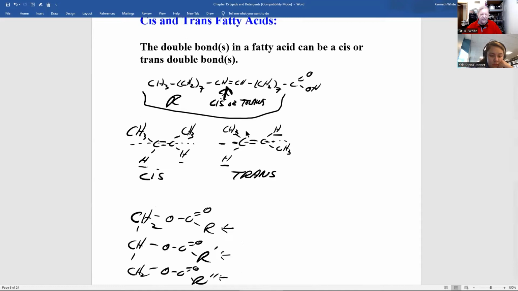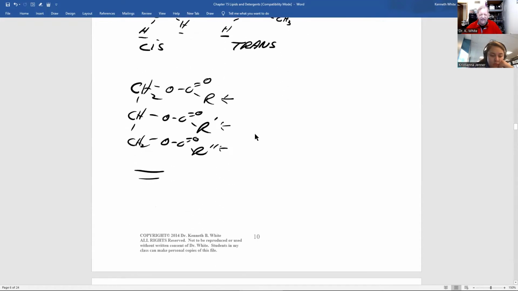So what does that mean? If you have this R group from oleic acid, that double bond can be cis or trans. And what that means is the fat or oil can be called cis or trans.